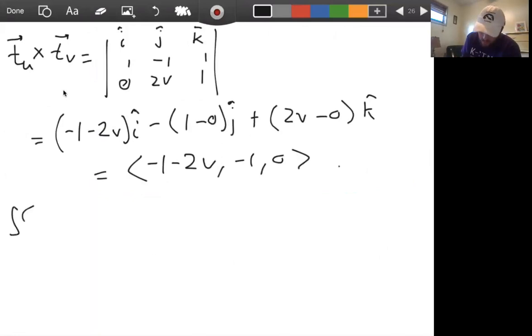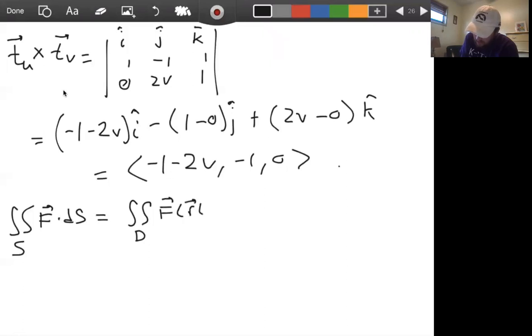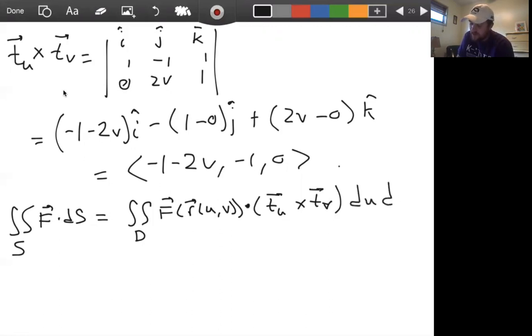So we have F of r of u,v, and we have T_u cross T_v. And we use our formula now that says the vector surface integral of F dot dS is the double integral over the parameter domain D of F of r of u,v dot product T_u cross T_v, du dv. Well, we know what D is. u goes from 0 to 3, and v goes from 0 to 4, right?